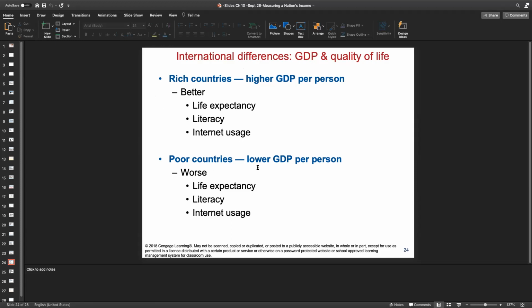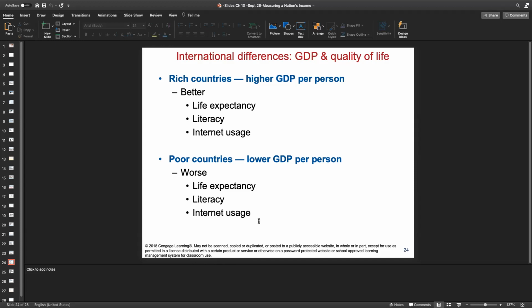Compared to the poor countries with the lower GDP per person, which have worse life expectancy, they live shorter, we live longer in the rich countries, and their level of literacy is lower in the poor countries, and the number of people with access to the internet is lower.